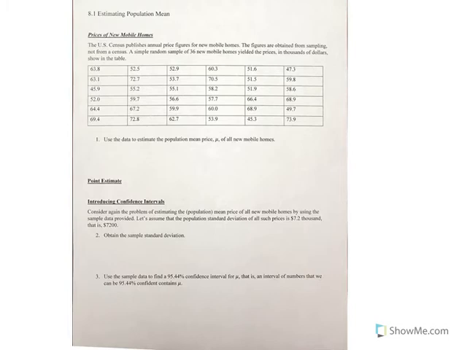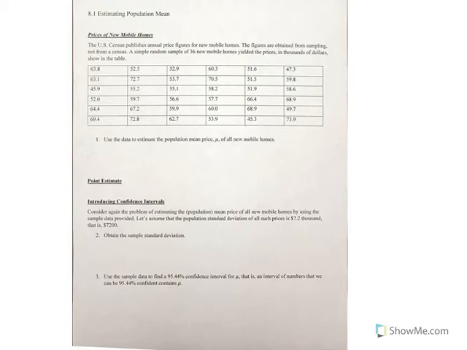Our first example is on the prices of new mobile homes. Mobile homes are manufactured by the thousands, if not more, yearly, so to give an educated guess of the actual population mean of the price of mobile homes would be almost impossible. Here we have 36 prices listed in this chart.